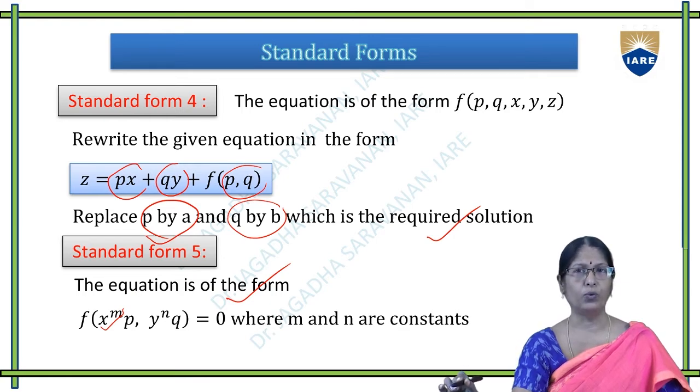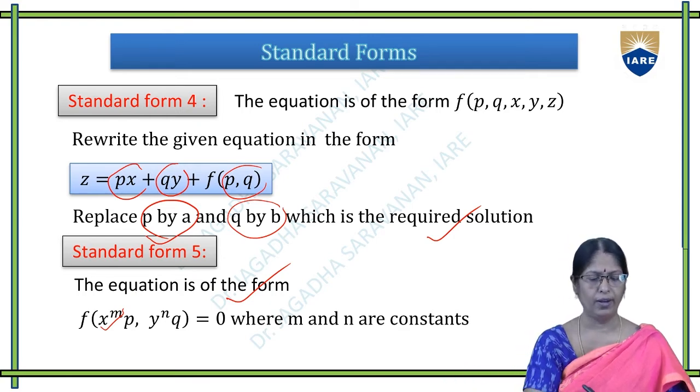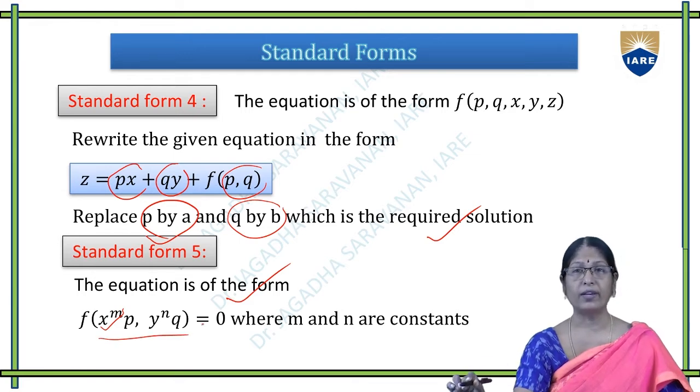Here we have to notice this notation very carefully. x has the power, but p has the power 1. This is the area where we give room for careless mistakes. So x and y have the power, but p and q have the power 1. In case they have a power, we have to convert it to this format.